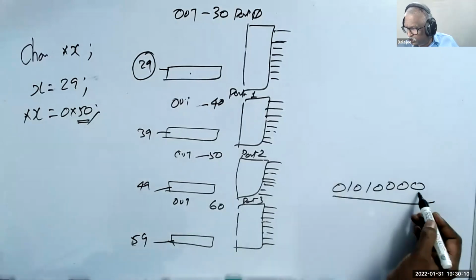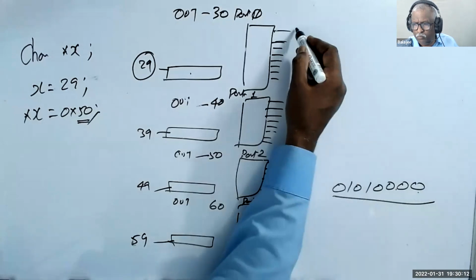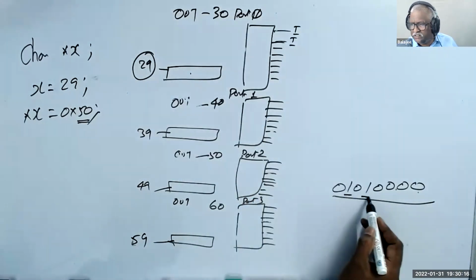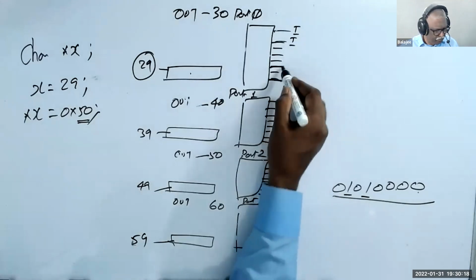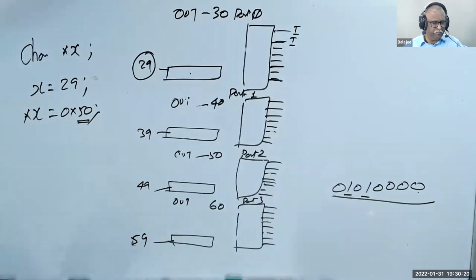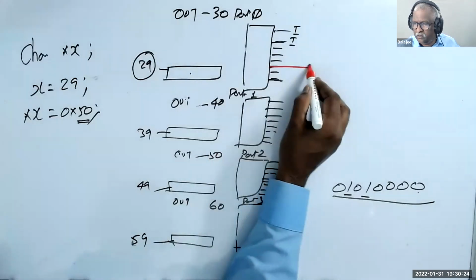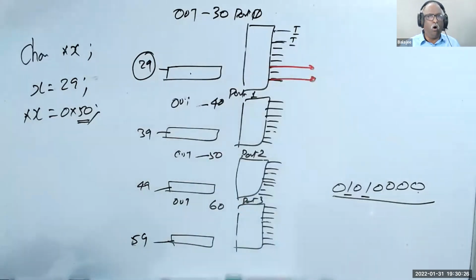All the pins that are 0 are input pins. But these 2 pins are going to be output pins. All the other pins are going to be input pins.